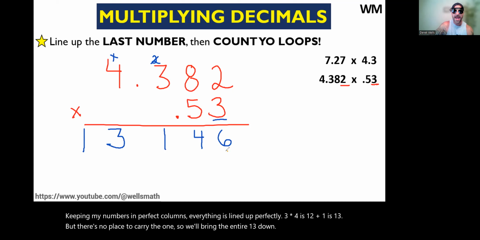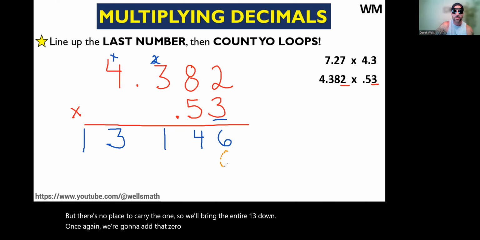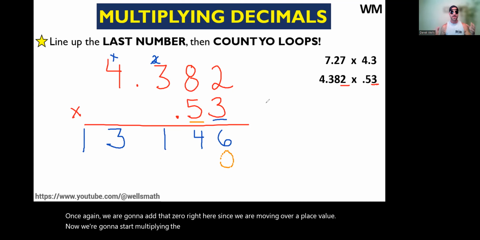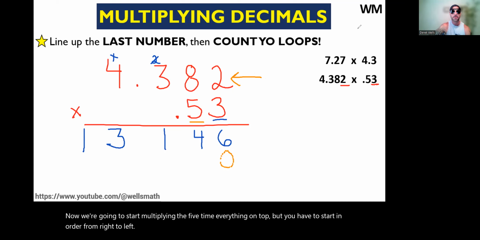Once again, we're going to add that 0 right here since we are moving over a place value. Now we're going to start multiplying the 5 times everything on top, but you have to start in order from right to left. 5 times 2 is 10.